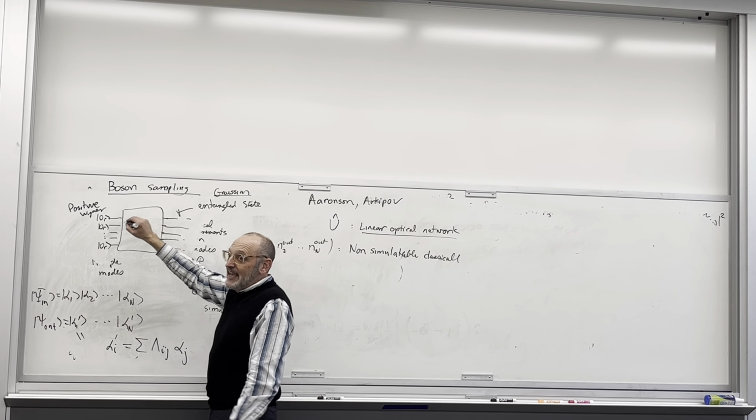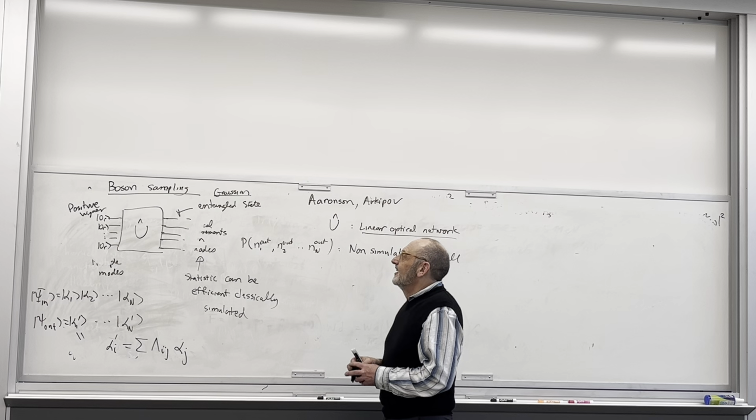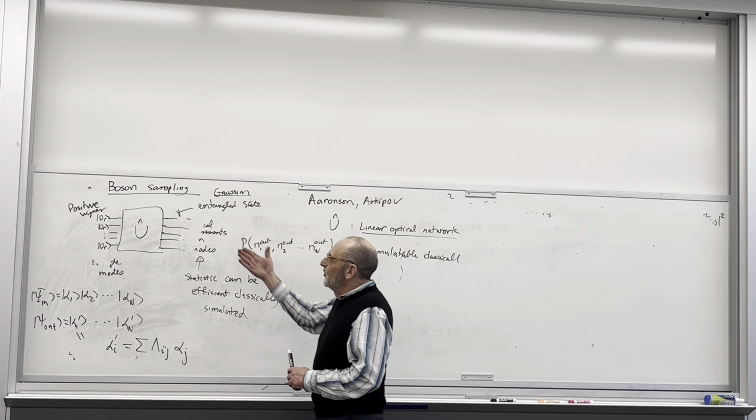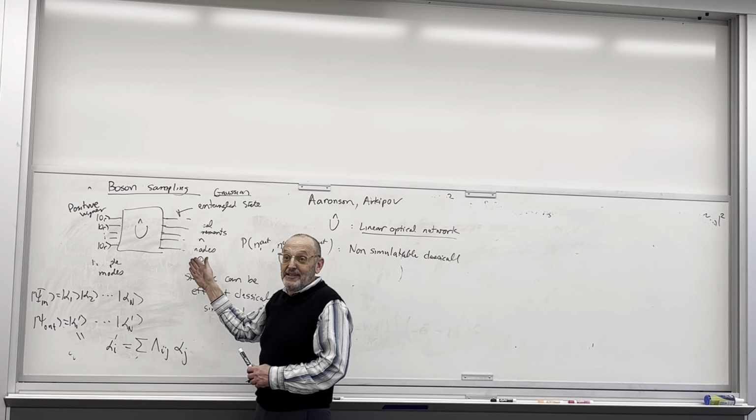So is this enough of a resource to generate quantum supremacy? Doesn't seem like it, because it's a positive Wigner function to a positive Wigner function. That doesn't seem good. But what if I did homodyne measurement?